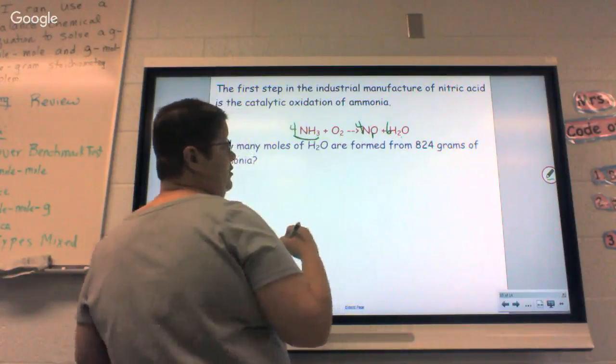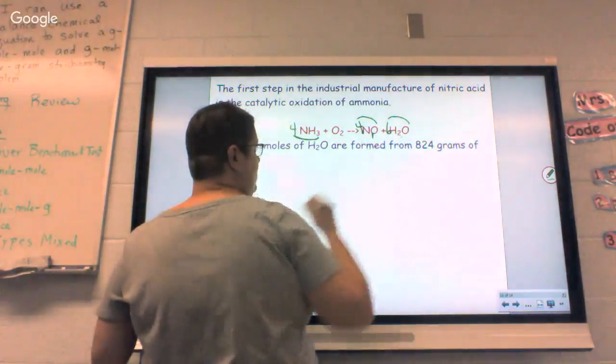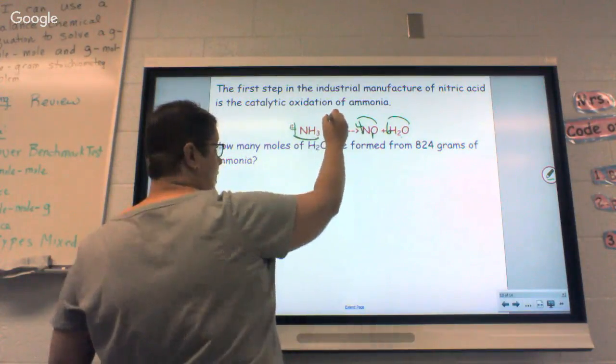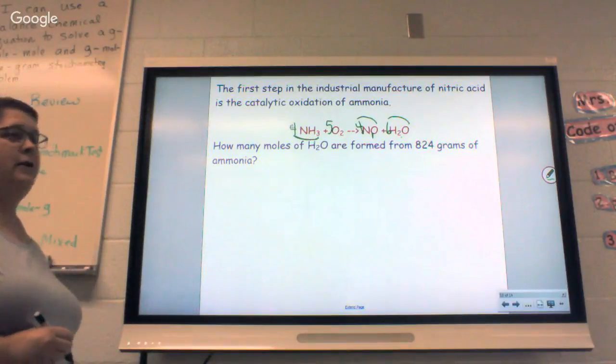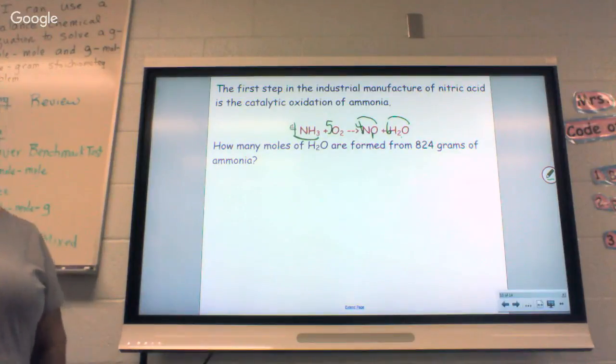Now add your O's up. 4 plus 6 is 10. Everybody see how they got 10? So how do we get 10 O's? Put a 5 there. Everybody see how we did it? That's why I asked you to balance that one. It causes issues for lots of people.